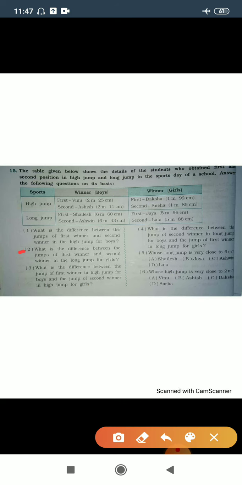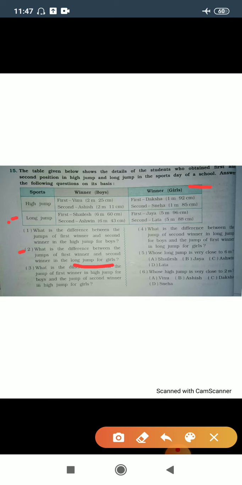Now question number 2. What is the difference between the jumps of first winner and second winner in the long jump for girls? So students, we need to see long jump for girls, that means the second row, and for girls that means the third column.